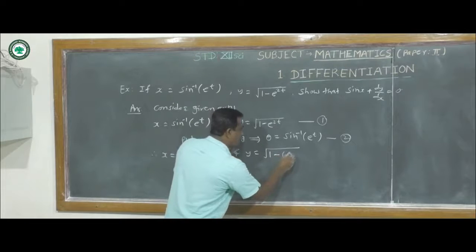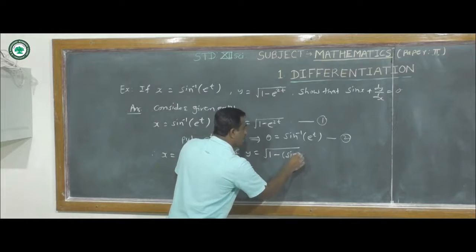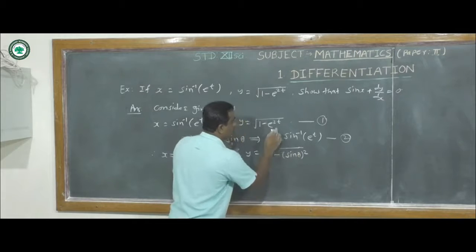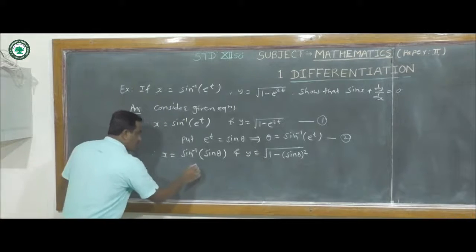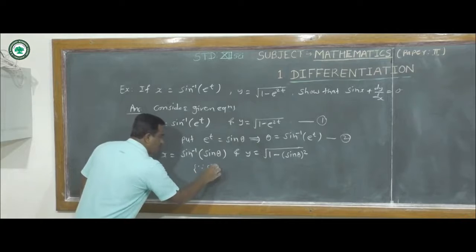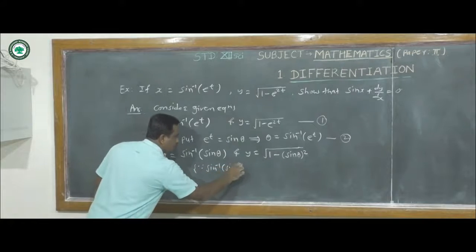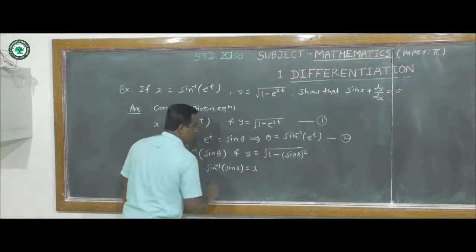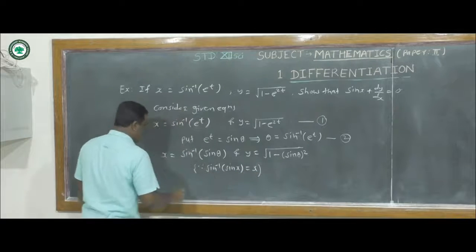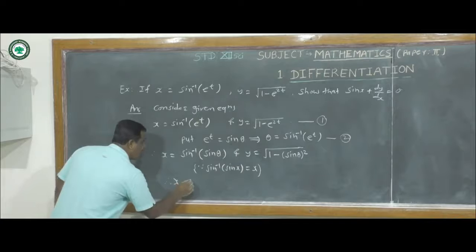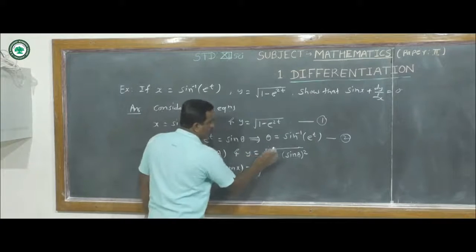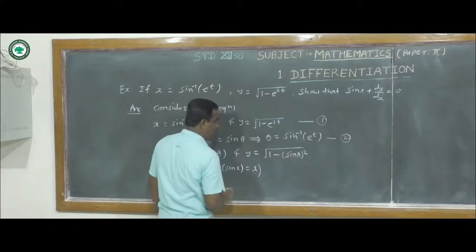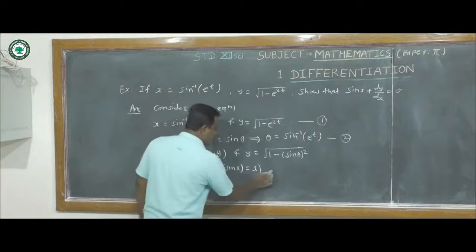Therefore we can write (sin theta) square. Now here we use the formula sin inverse of sin x is equal to x. Therefore we can write x equal to theta, and here y is under root 1 minus sin square theta.